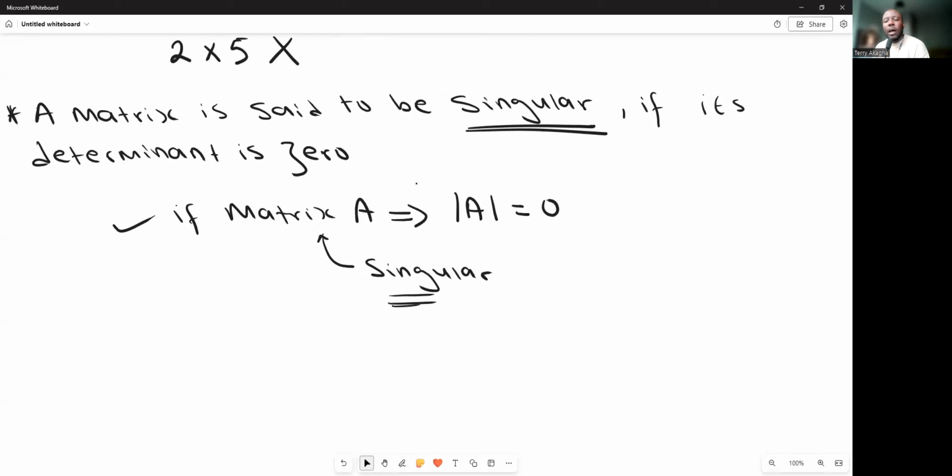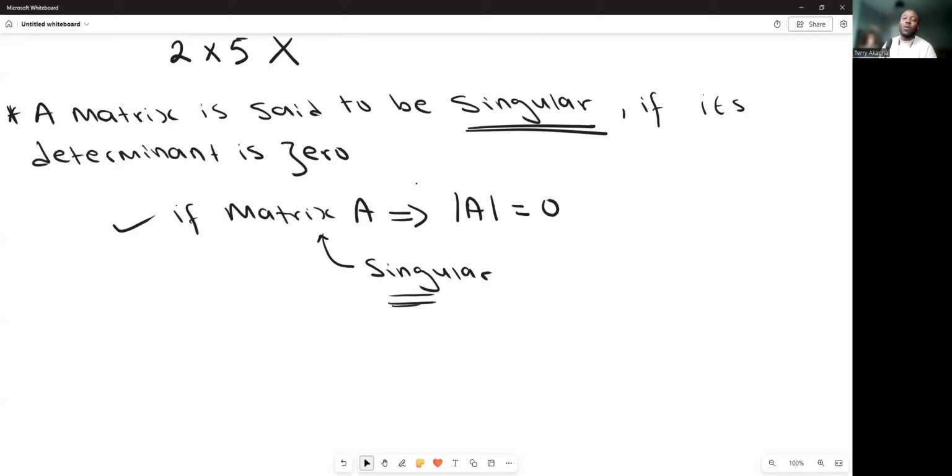So when the determinant is equal to what? 0. Now, one of the things is that the determinant is non-zero if and only if the matrix is invertible. Okay, so those are keywords you need to know. So if a matrix is invertible, then we can say that the determinant is going to be non-zero. And also we need to know that the linear map represented by the matrix is going to be an isomorphism.